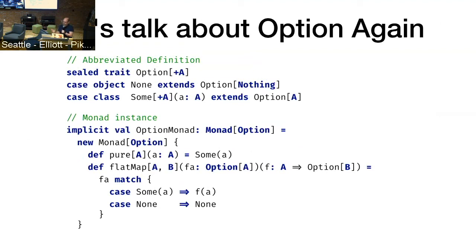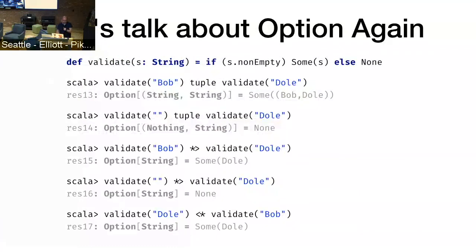So we're Scala programmers, most of us, and we've seen option in for comprehension. So I'm going to talk about using option with the tuple operator. So we have a validation method that takes a string and it validates that the string is non-empty. So we can validate Bob and tuple that with validate Dole, and we get a Some back that has both strings in it.